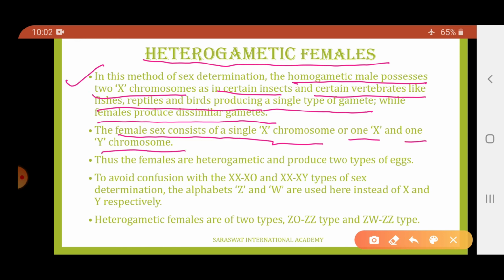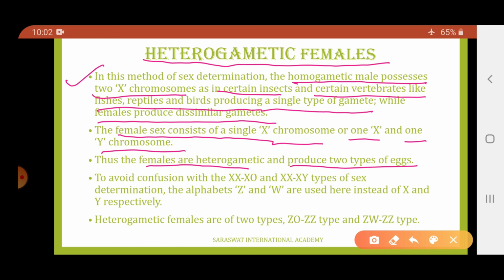So, what would be the composition of the females in these conditions? Either the female will have only one X chromosome or they may have one X chromosome and one Y chromosome.